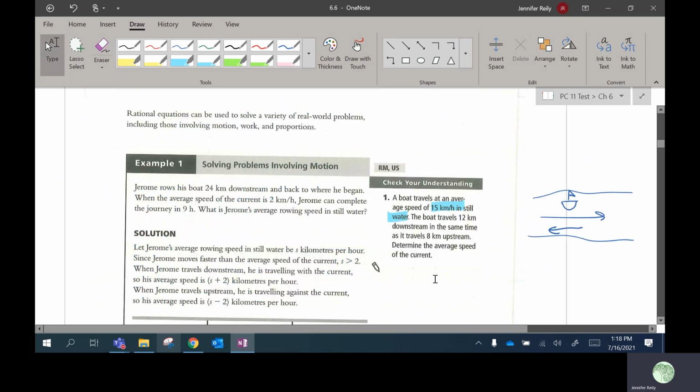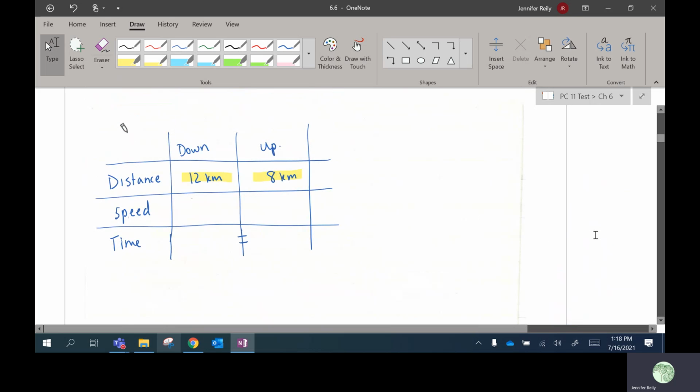So if there was no current at all, we'd be going 15 kilometers per hour. But when you're going with the current, you're going to have an extra bit of the current speed helping you. And then when you're going in this direction, you're going to be going 15 kilometers per hour minus whatever the speed of the current is. So when you're going downstream, that means with the current, faster, you're going to be going 15 plus x because you'll have the speed of the current to help you.